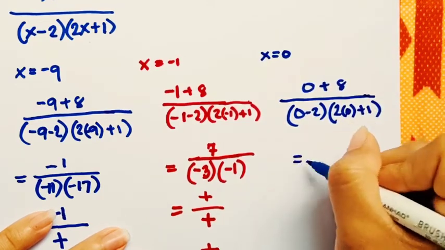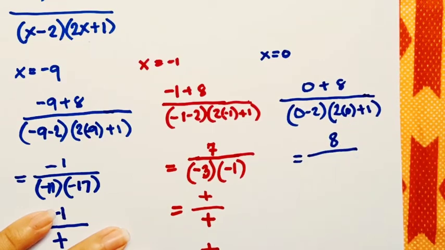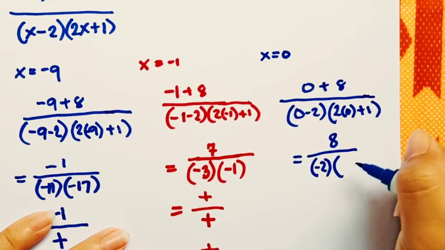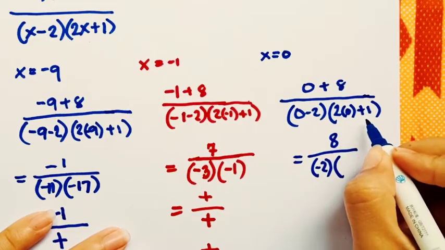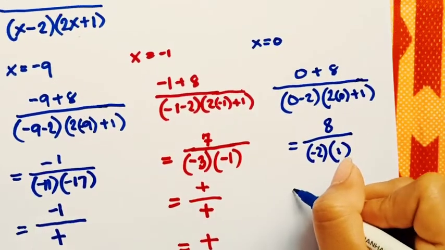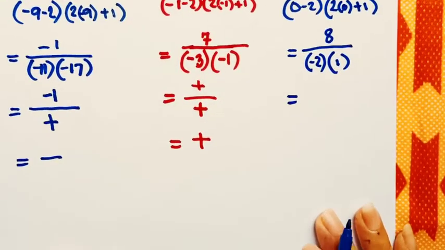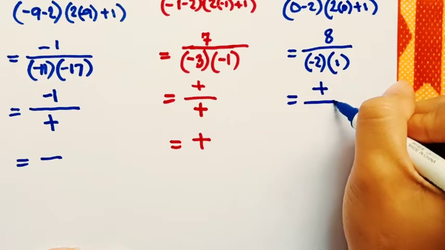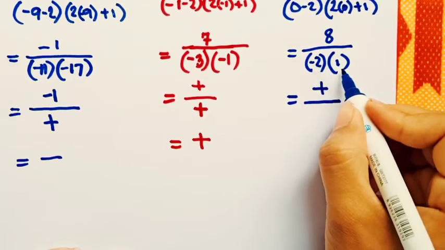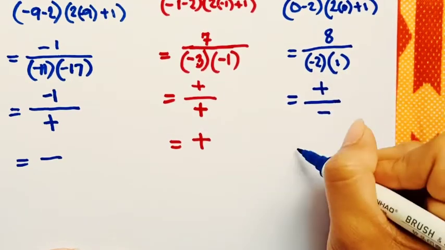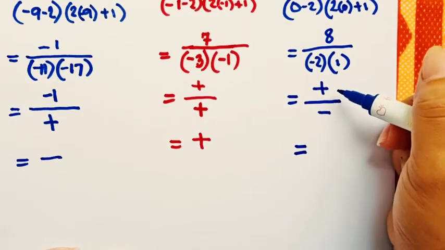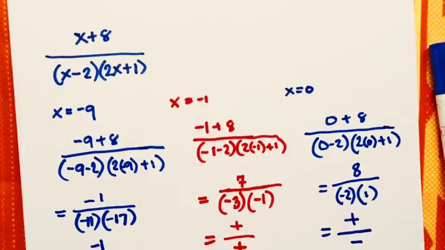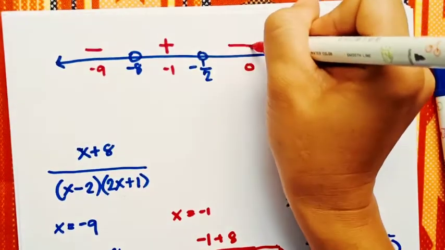So, this is equal to 8 over negative 2 times 2 times 0 is 0 plus 1 is 1. So, we can see na ang sign sa taas is positive. Sa baba, negative 2 times 1 is negative. So, kabalutan, ang final answer ani, positive divided by negative is negative. Ibig sabihin, kanidiri siya, negative ni siya, guys.